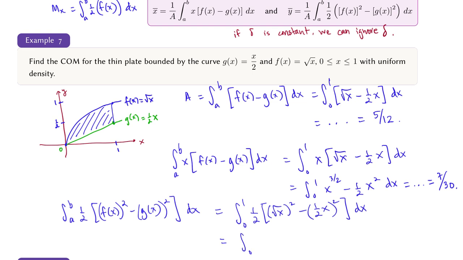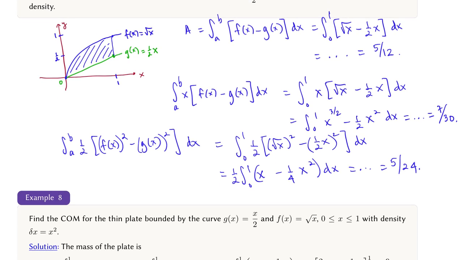Simplifying this, we have the integral from 0 to 1 of 1/2 the square root of x squared, which is x, minus 1/2 x squared, which is 1/4 x squared, then dx. Evaluating this integral, we will get 5/24.